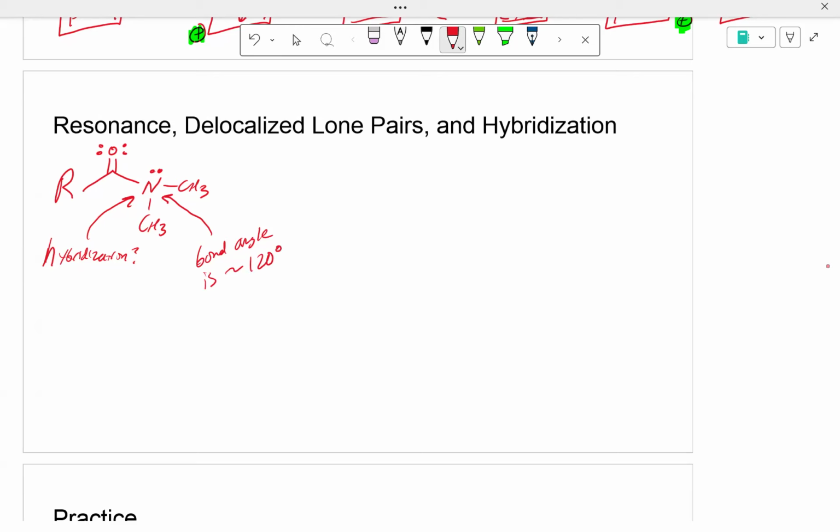Now, what kind of hybridization does that correspond to? The bond angle is basically saying that nitrogen is sp2 hybridized. So how do I explain that when I have four regions of electron density? Well, the way we're going to explain that is with resonance.